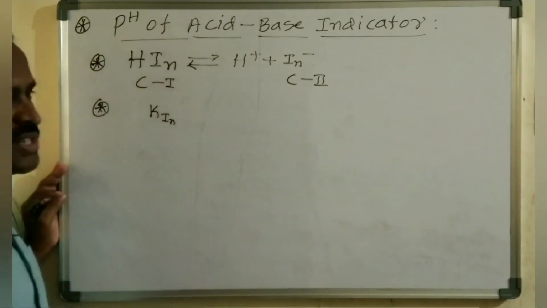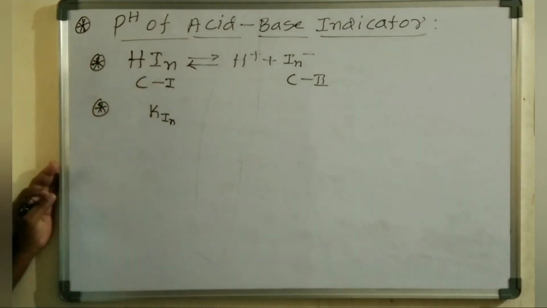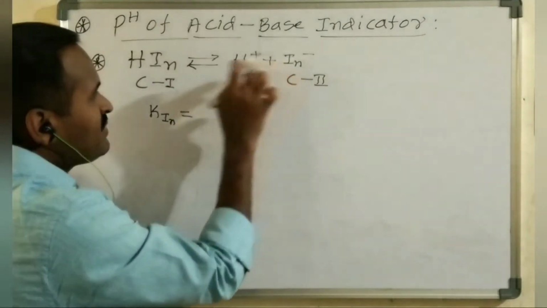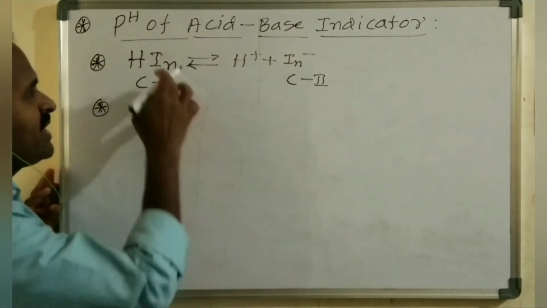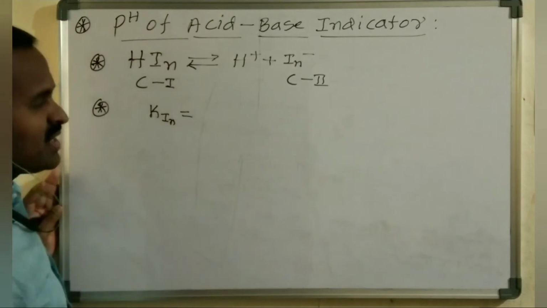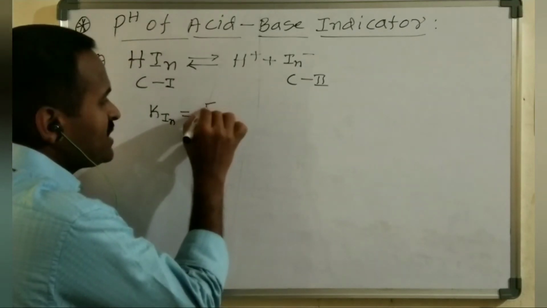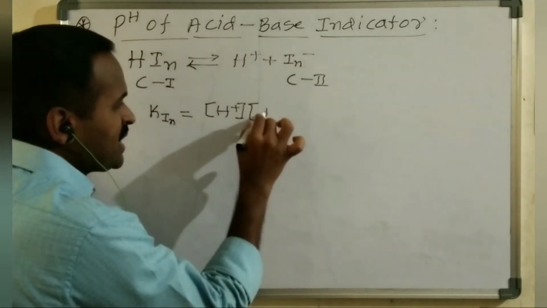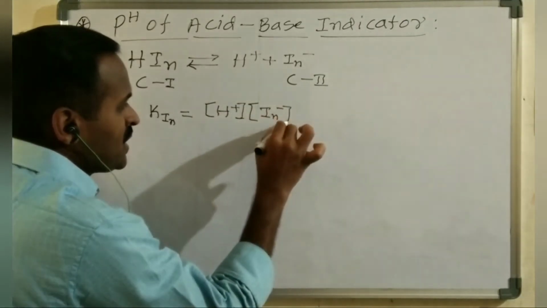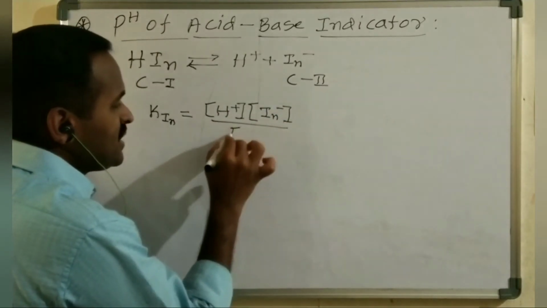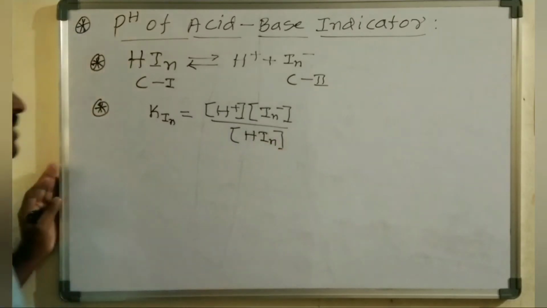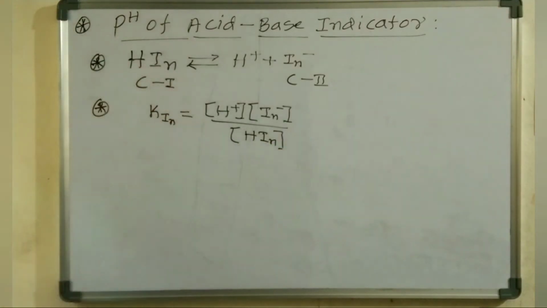It is the product of the molar concentrations of the products divided by the molar concentration of the reactant: the H+ ion concentration times the IN- ion concentration, divided by the HIN concentration.